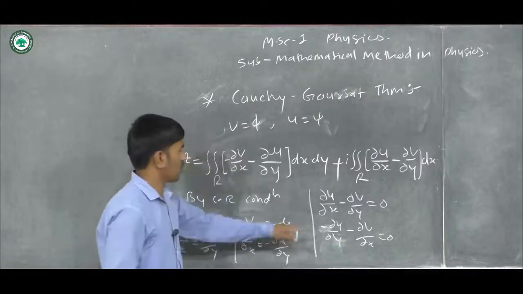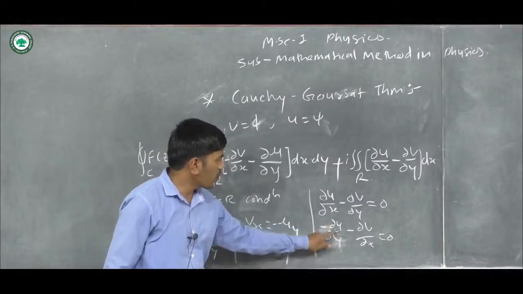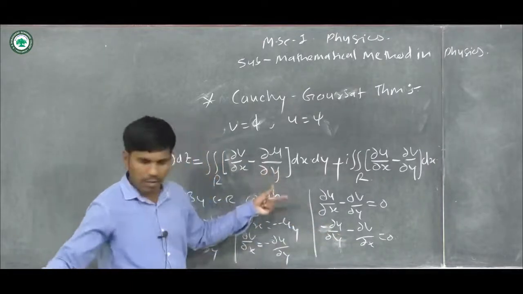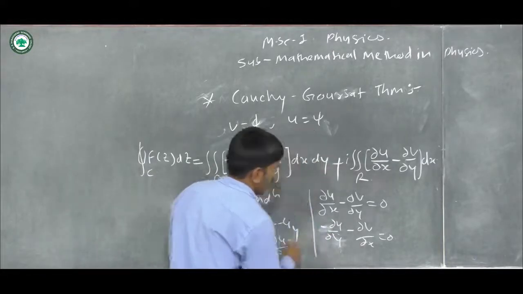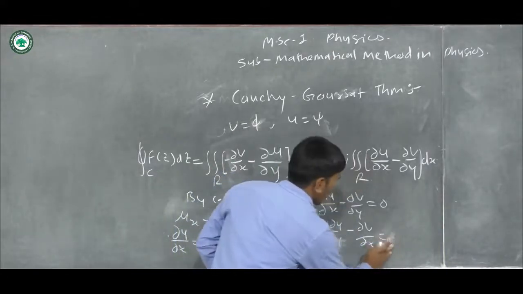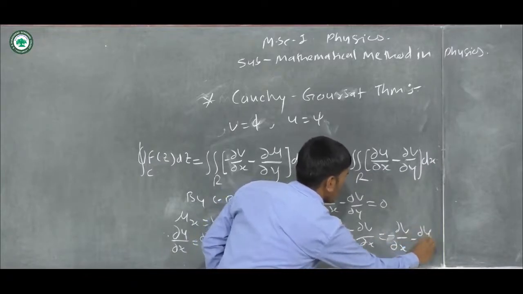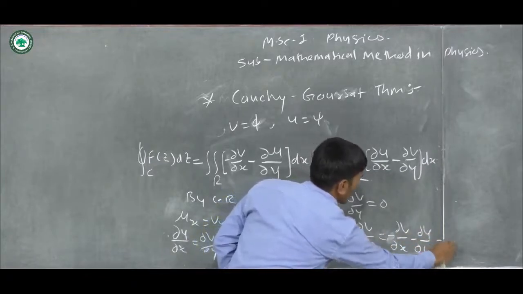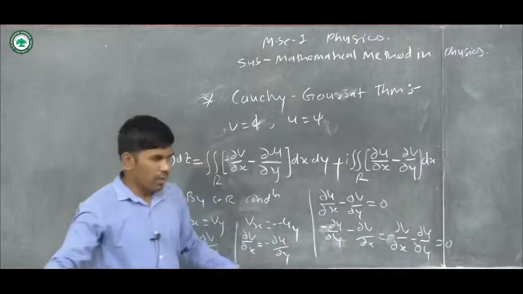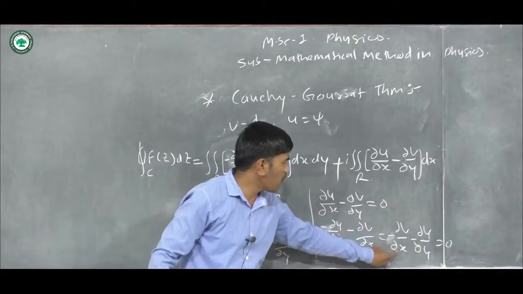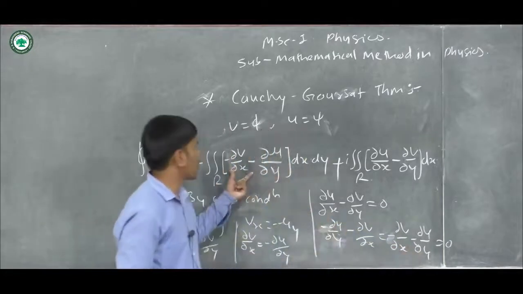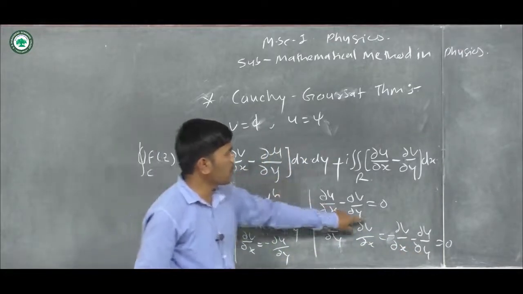We can rewrite these terms as minus ∂v/∂x minus ∂u/∂y, for your understanding. So this is equal to 0.